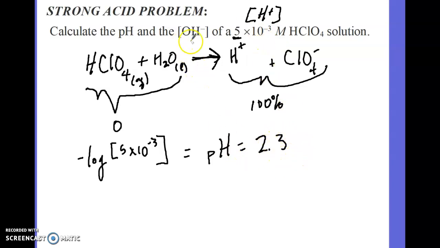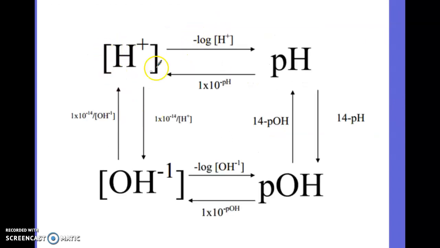And then if we wanted to find the hydroxide, we already know the H plus is the 5, and so we can look at our box again. We want to find the OH minus because we know the H plus, and they coincide. They basically work together in any acid. You always have this ratio of the hydroxide and the H plus. So we want to take 1 times 10 to the negative 14th divided by the hydronium ion.